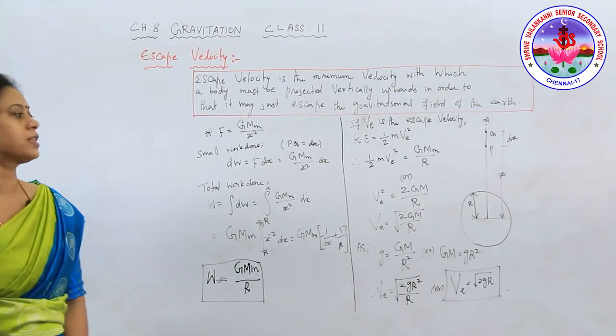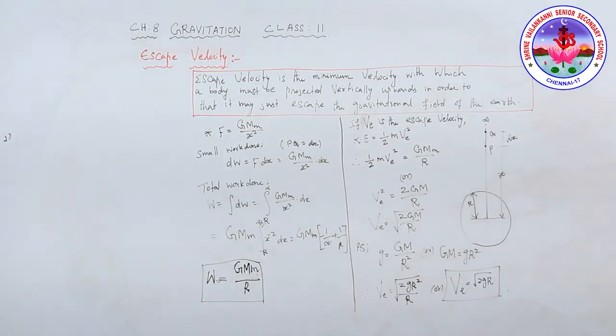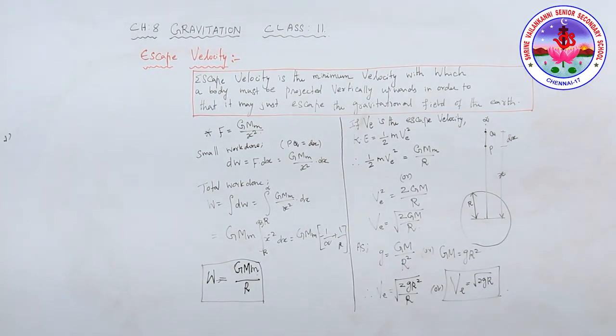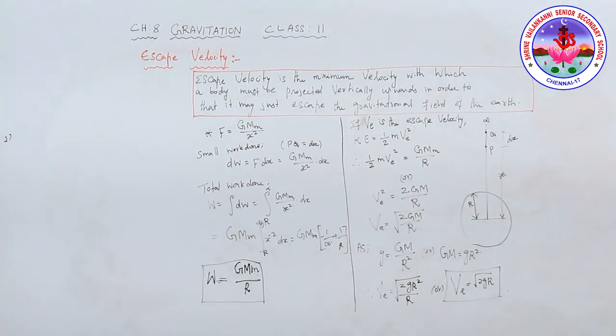The Earth is a uniform sphere of mass M and radius R with center O. Suppose a body of mass m lies at a point P at a distance x from the center, as we have already seen in the example explaining gravitational potential energy.